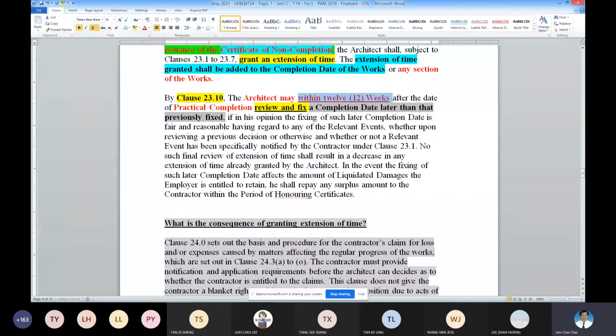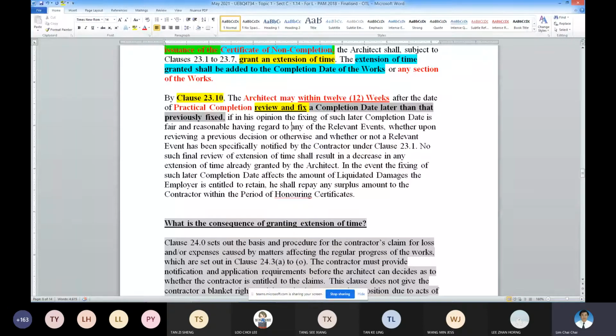The importance of this is this. If there is a review, it means extension of time is granted, so the delay will be reduced and the LD imposed will be less. This is the important implication. The LD, if imposed on the contractor, will become less. All this must link to the relevant event.